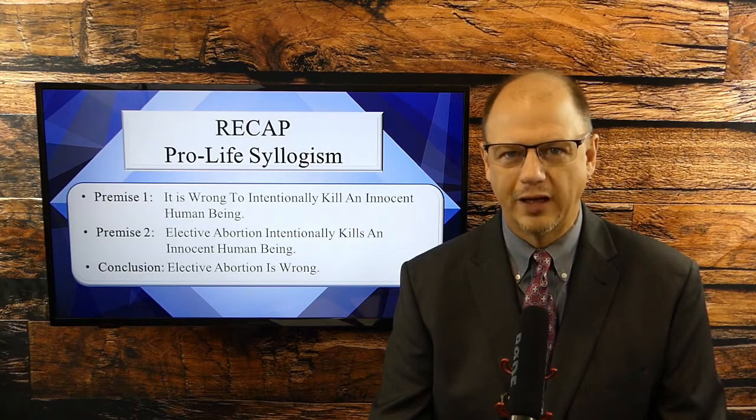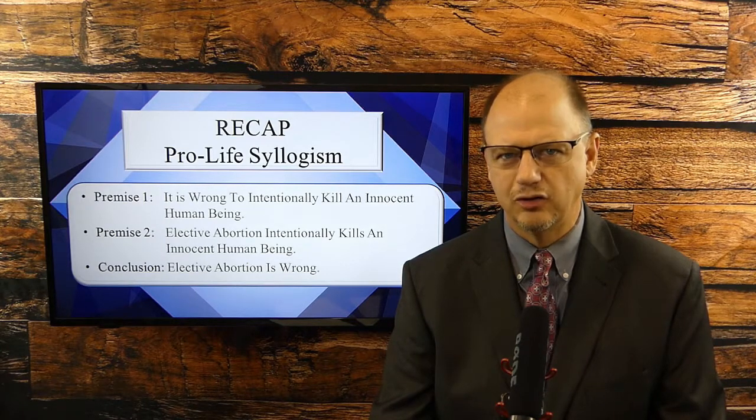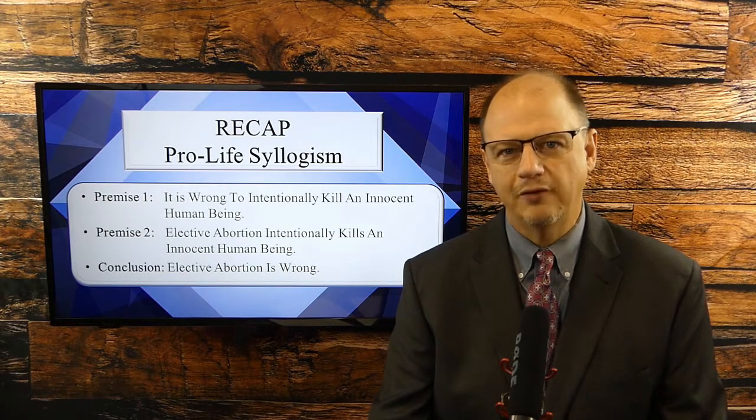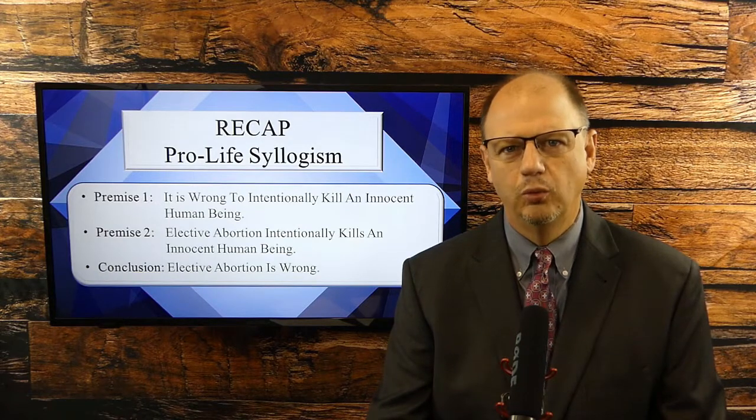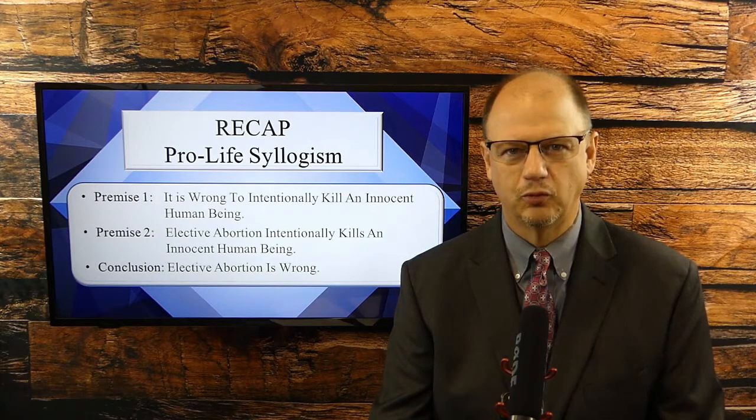Looking back at our pro-life syllogism, we established that it was wrong to intentionally kill an innocent human being, that elective abortion intentionally kills an innocent human being, and therefore elective abortion is wrong. After we establish this syllogism, we'll usually get some kind of pushback from the pro-choice advocate that's going to seek to identify some difference between the born and the unborn, and they are going to use that difference to justify their pro-choice position.